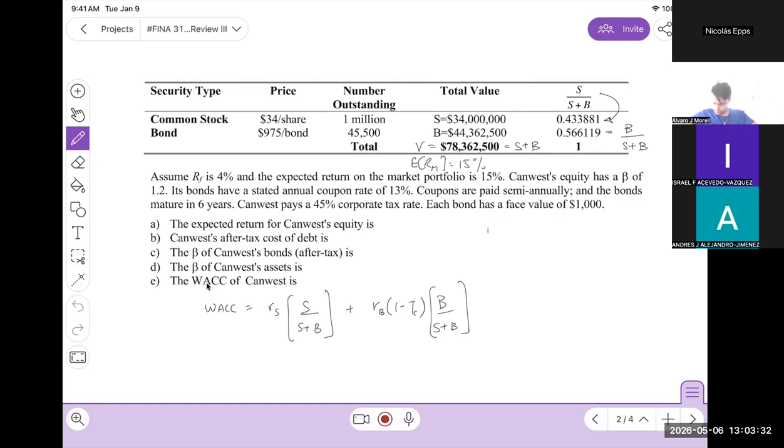For RS, we're going to find it from the capital asset pricing model: 0.04 plus beta times ERM minus RF.